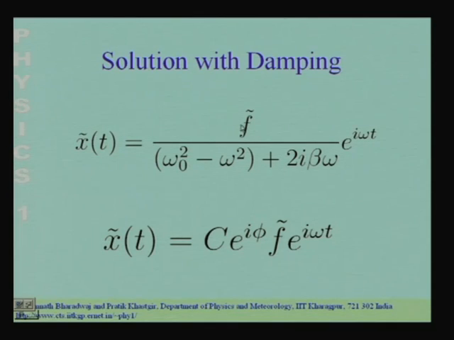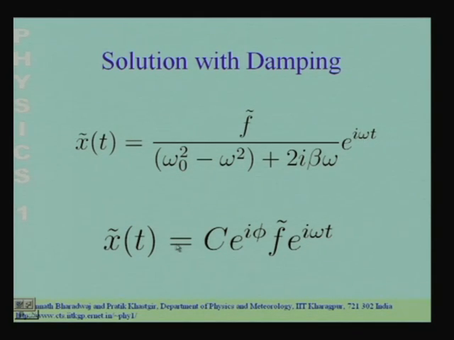The displacement is related to the external force through these coefficients which occur over here. If there is no damping present, then the coefficient is real. If you have damping, then the effect of the damping is that it introduces an imaginary part in the coefficient, and you now have a complex number relating the displacement to the force.